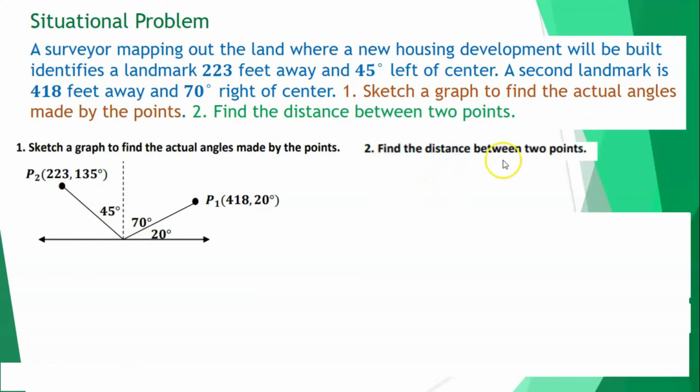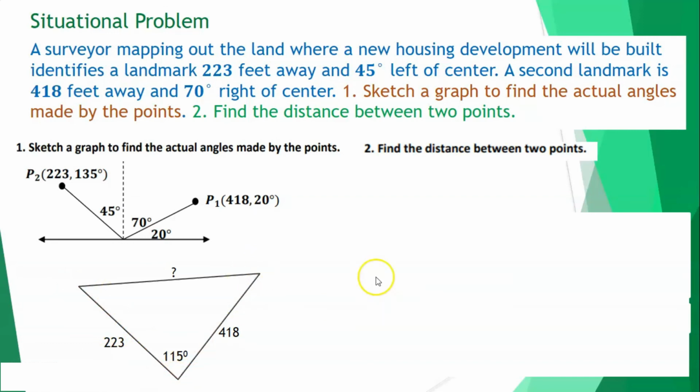Okay, now find the distance between the 2 points. Now take note, we will have this. So connecting these 2 points here, we're actually forming a triangle in which this side measures 223, this side measures 418, and the angle here is 115 degrees because you have to add 70 and 45. And take note, we have to solve for this side. So in this case, we have here a side, angle, and side. So we can make use of the law of cosines.